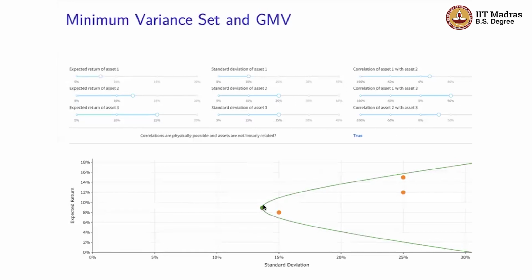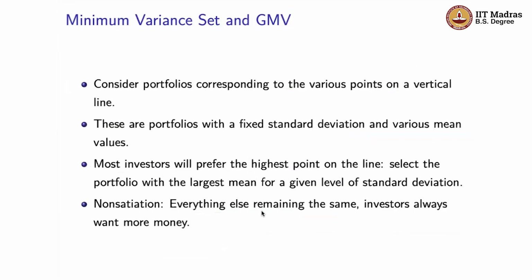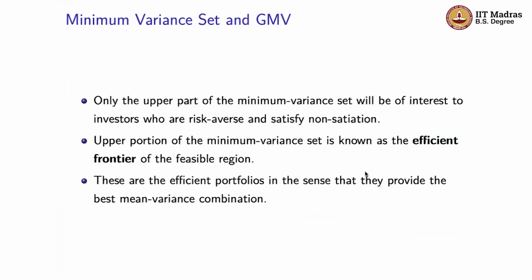So the relevant points to consider from the perspective of an investor who has mean variance preferences are going to be this upper part of this curve. And this upper part is exactly what is known as the efficient frontier. So that's what we are saying.